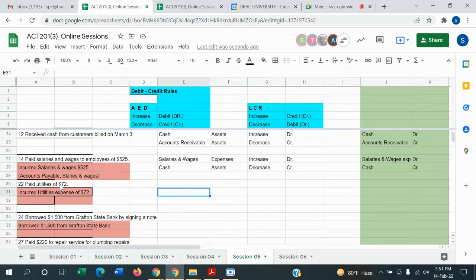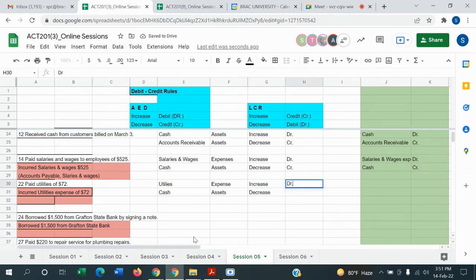Paid utilities of 72. So expense and cash. We have to specify what expense, usually: utilities, and cash. Utilities is an expense, cash is an asset. So expense increases, asset decreases.